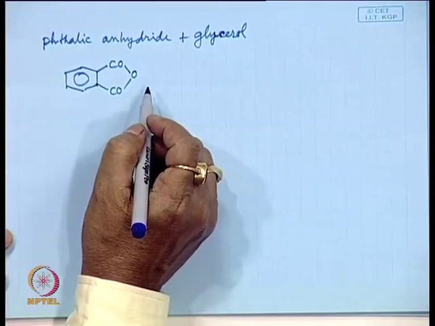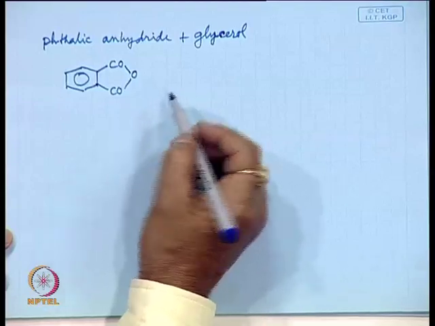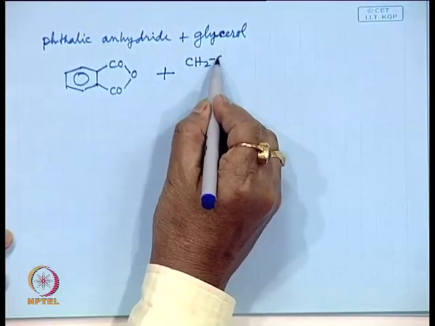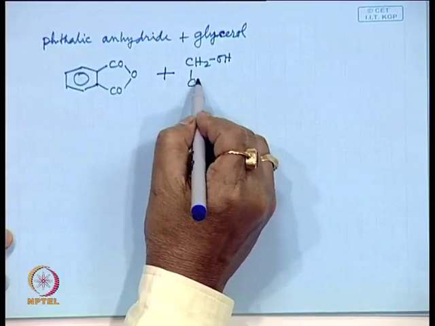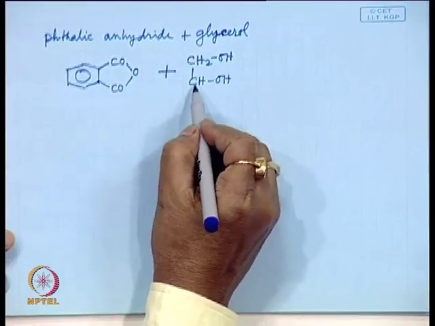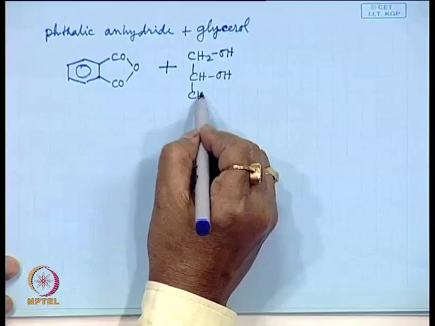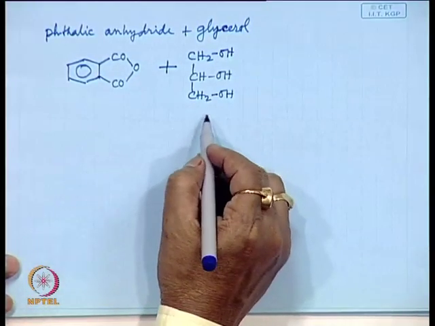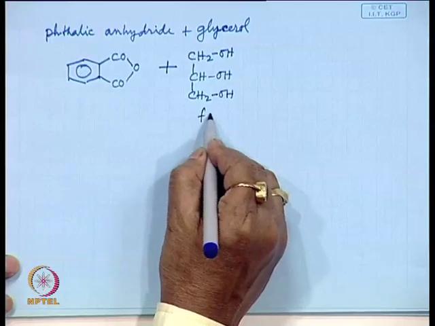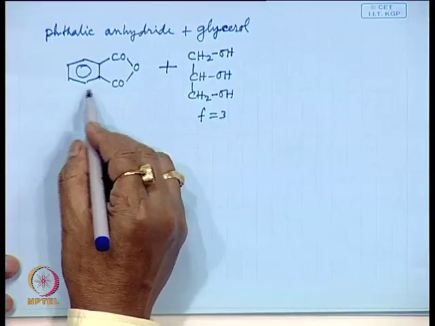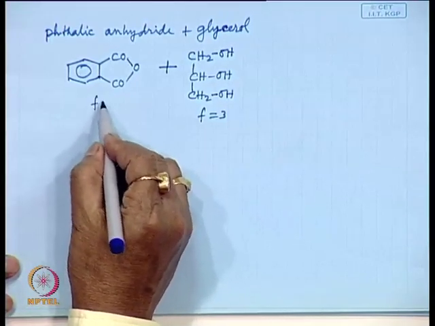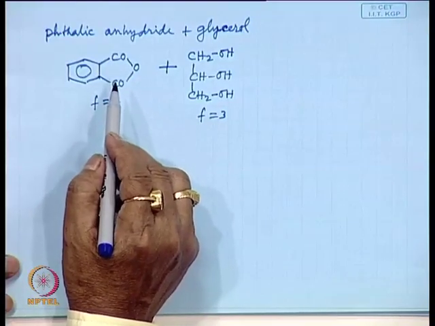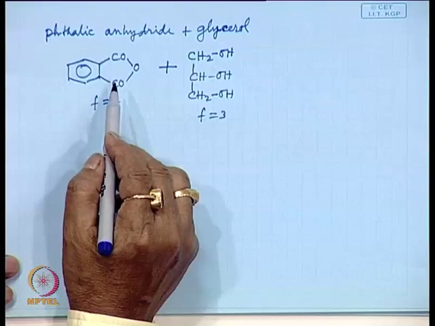Okay. Plus glycerol. This is a trifunctional monomer, here F is equal to 3, and here it is a difunctional monomer, here F is equal to 2. Now, this phthalic anhydride is an anhydride devoid of water.